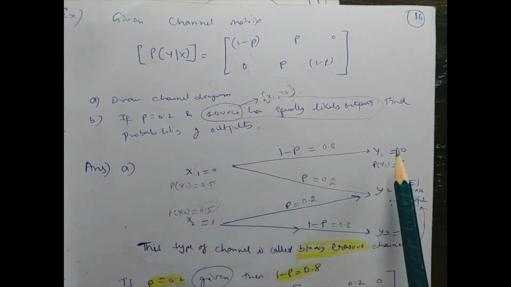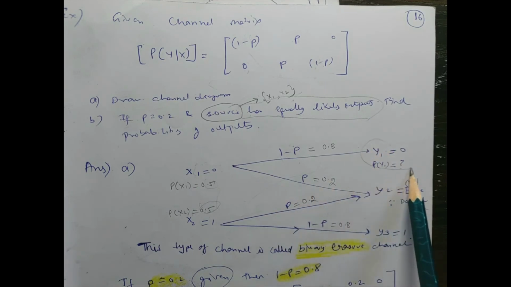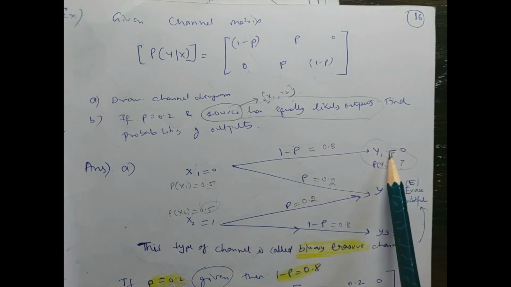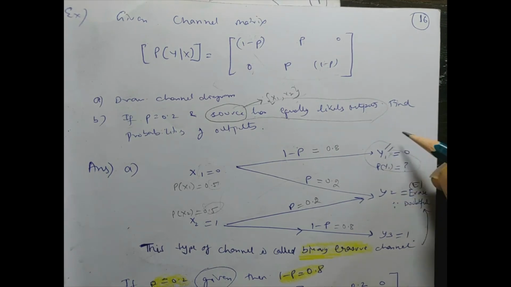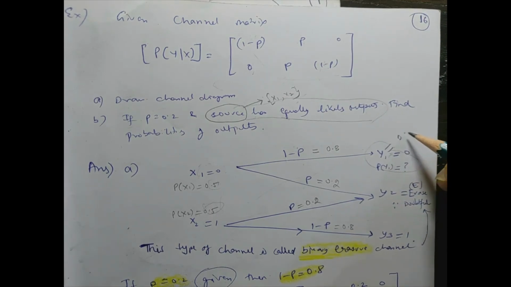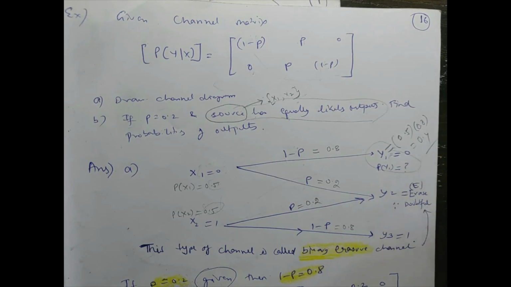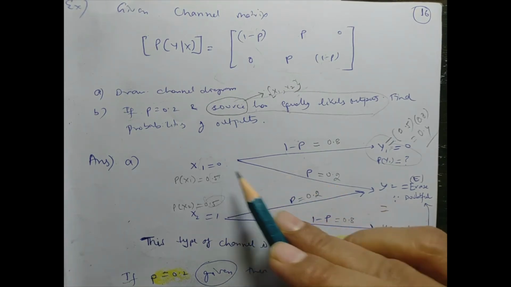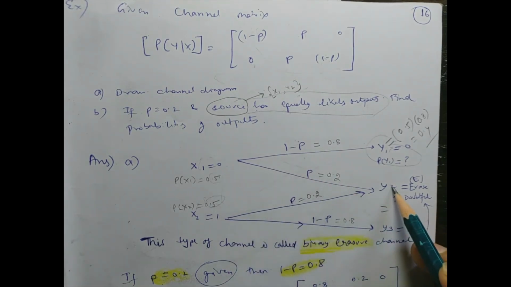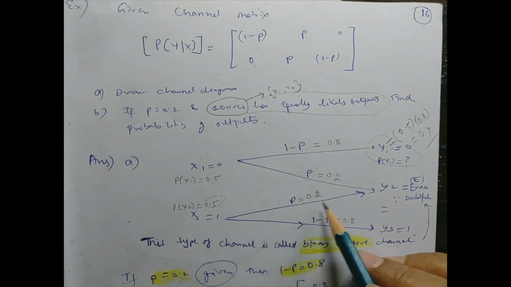Find the probabilities of outputs. What are the probabilities of output? What is the probability of y1? The probability of y1 is simply, if you send this and the channel probability is this, so you get 0.4. This is the answer. So straight away you can get the answer. Probability of this is this into this, then you can get this one, this into this, and then you can get this one.